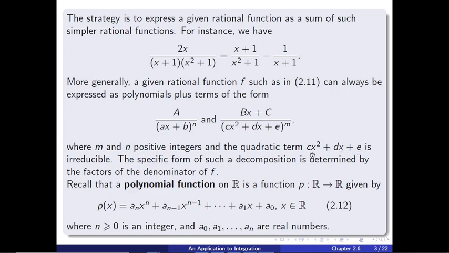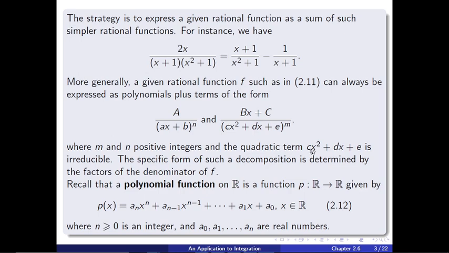So irreducibility means that we can't factor this into, for example, ax plus b and cx plus d, that kind of factorization where the coefficients are real numbers. So we can't do that for this kind, right?